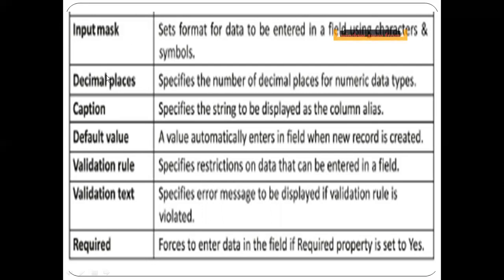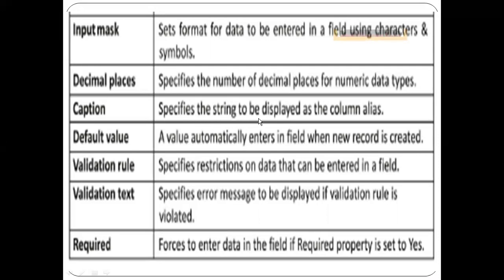So special characters, if you want to use them, you have to specify them over here in the input mask. Then comes the decimal places. It specifies the number of decimal places for numeric data types. So depending on the type of decimal, after 3 numbers, after 4 or after 5, you have to specify it in your numeric data. Captions, you have heard this word many times, like you people have a habit of tagging, so that can be a type of caption.